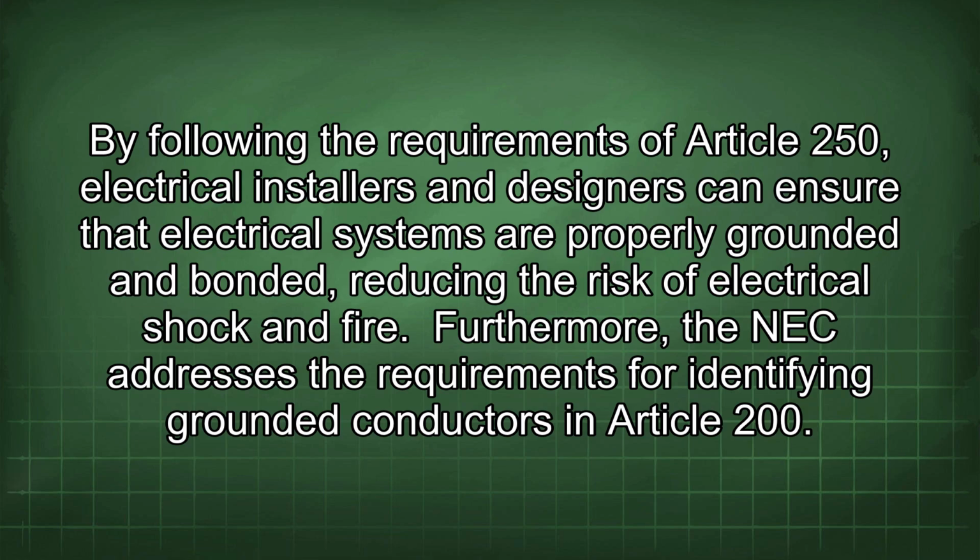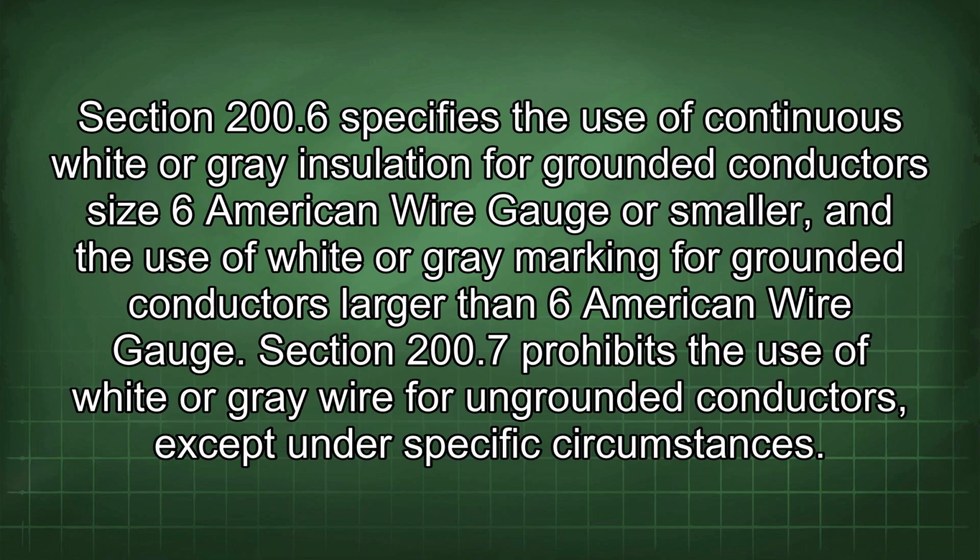Furthermore, the NEC addresses the requirements for identifying grounded conductors in Article 200. Section 200.6 specifies the use of continuous white or gray insulation for grounded conductors size 6 American wire gauge or smaller, and the use of white or gray marking for grounded conductors larger than 6 American wire gauge.